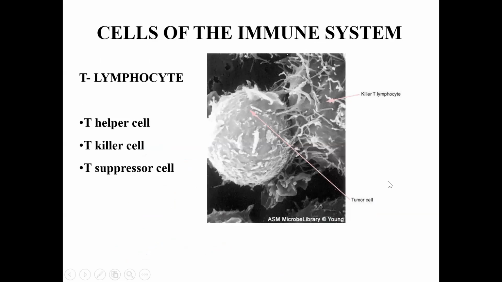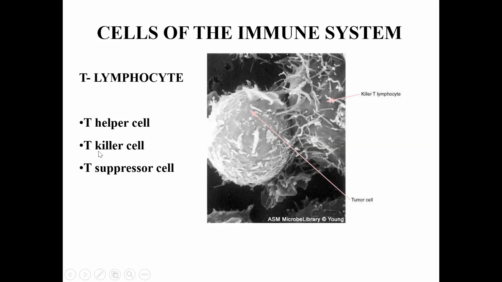All right, the cells involved in the specific immune responses. First, the T cells, T lymphocytes. We have two main types. One is called T helper cells, also called CD4 cells.